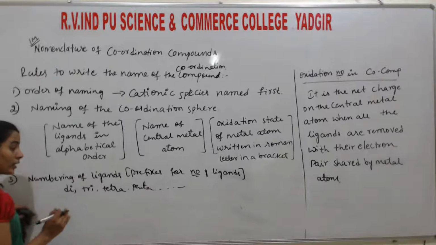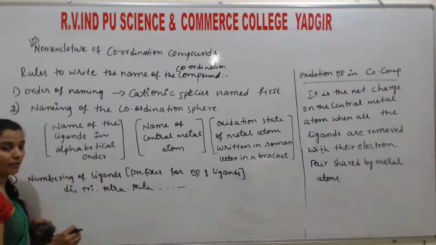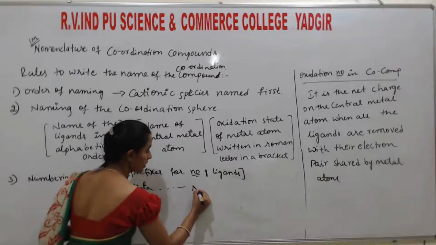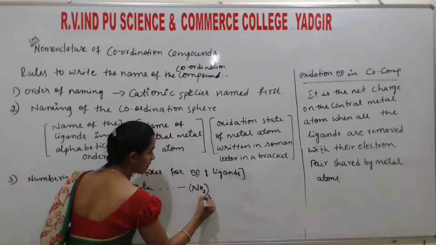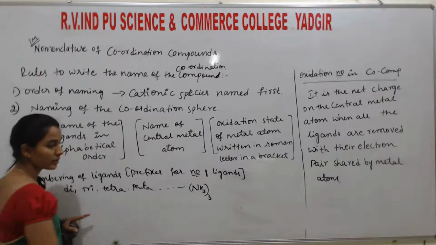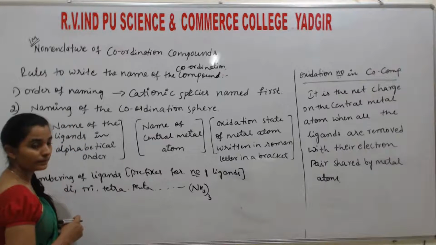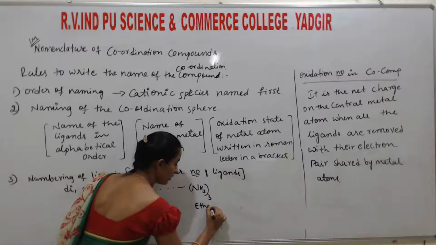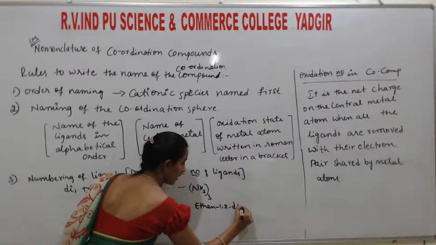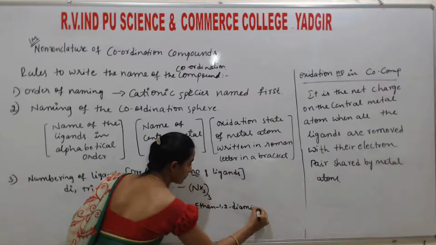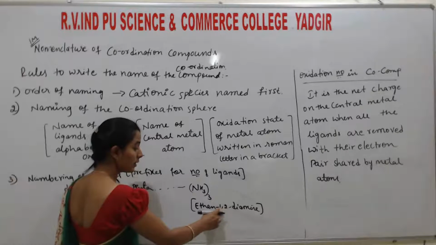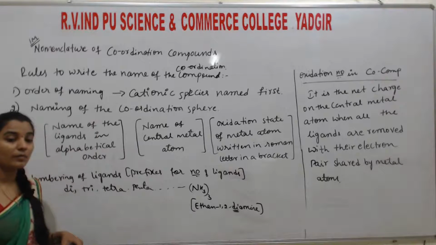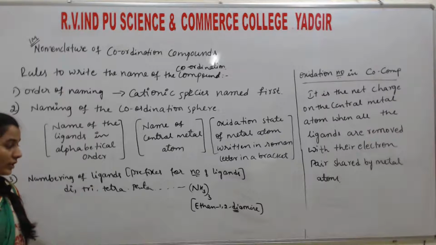If the ligand itself already contains a number, for example, if NH3 6 times or NH3 3 times is there, amine has no number in it, so this is triamine. Instead of this, you take ethane-1,2-diamine. Students, in this, di already comes in the name of the compound. So what happens?